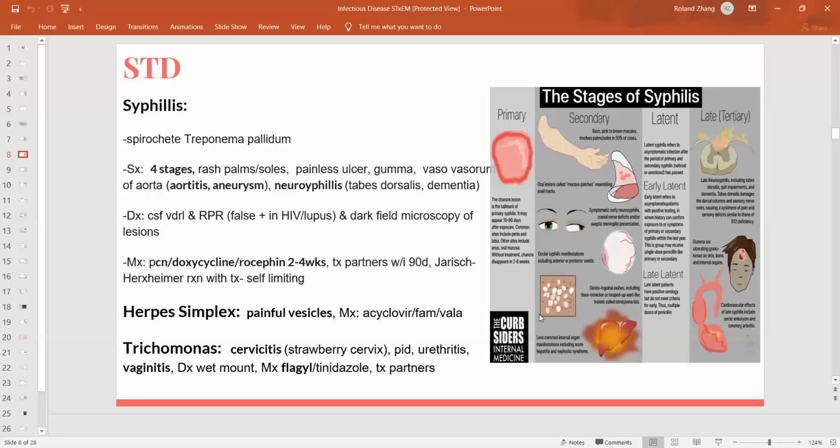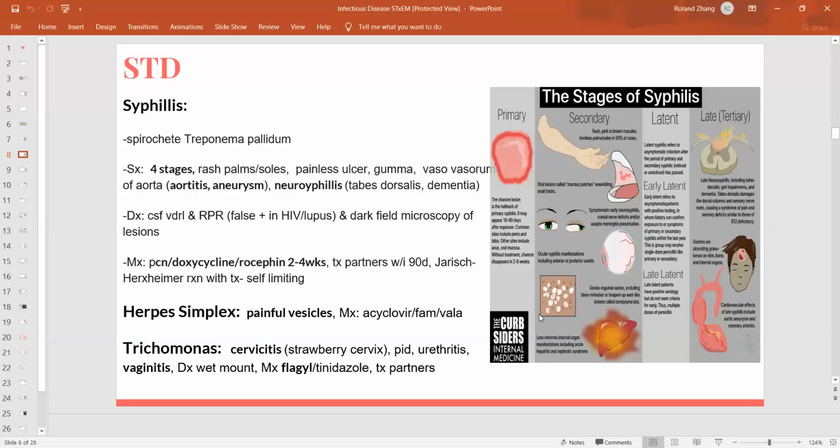Herpes simplex is also another STD that causes painful lesions. Syphilis causes a painless genital ulcer. Herpes will cause painful vesicles, and you treat this with safe sex practice and also antiviral.